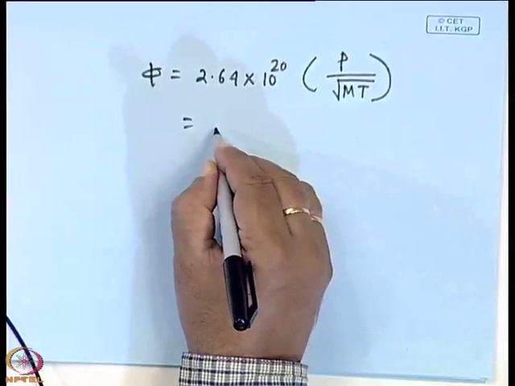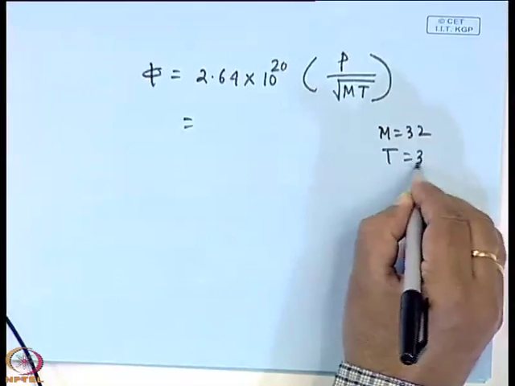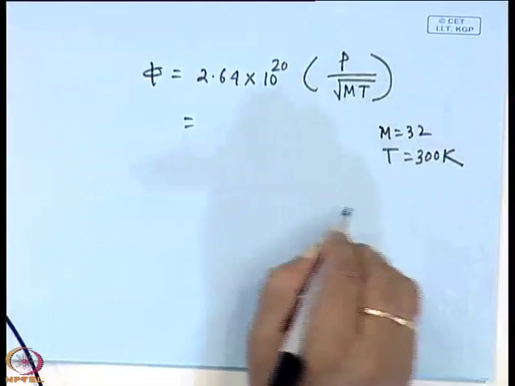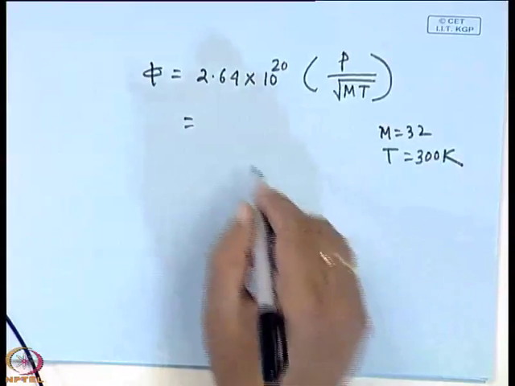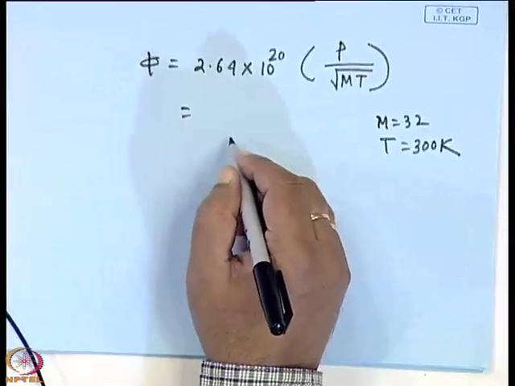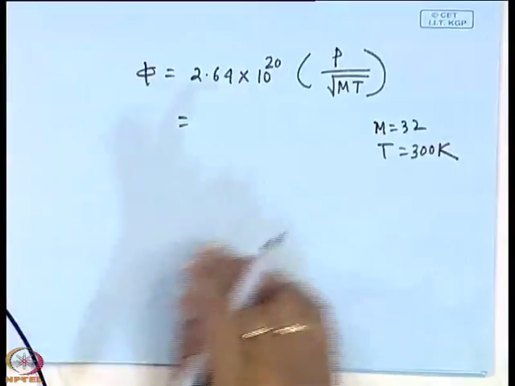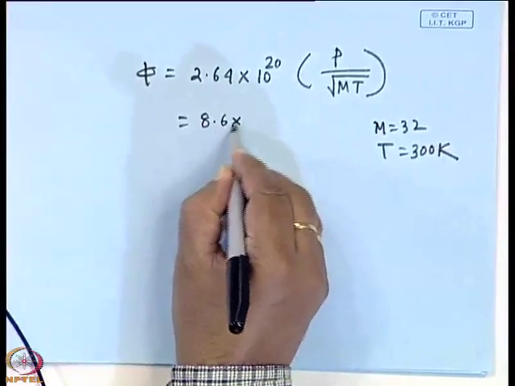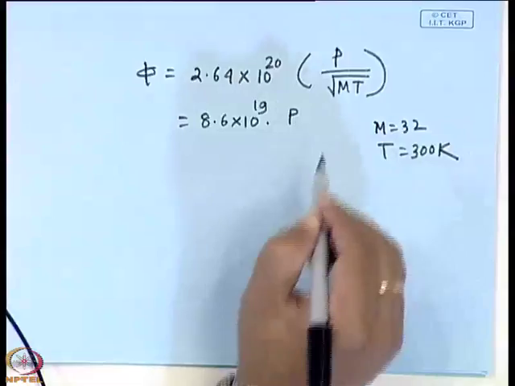If M is 32 and T is 300 K, then what is the value? It is 8.6 into 10 to the power 19 multiplied by P.